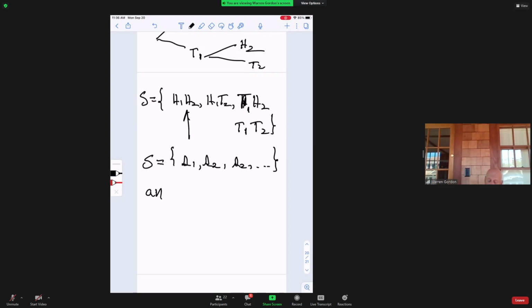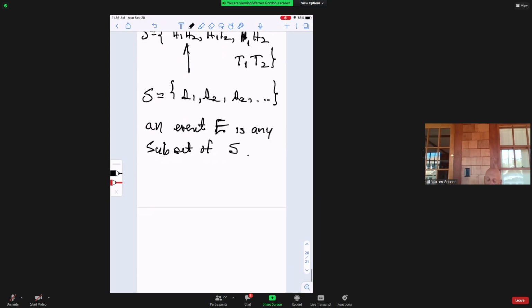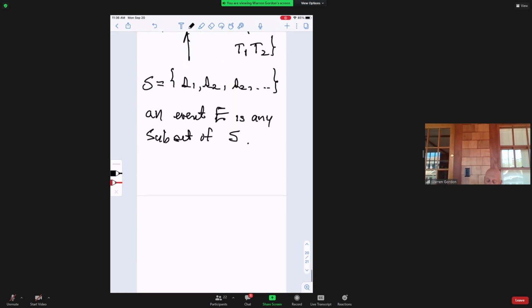An event, we'll call it E, is any subset of S. So for example, let A be the event all heads. Well, in the example above, the only way that can happen is H1, H2.